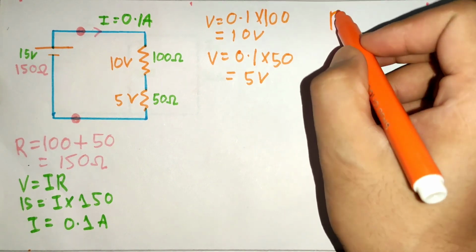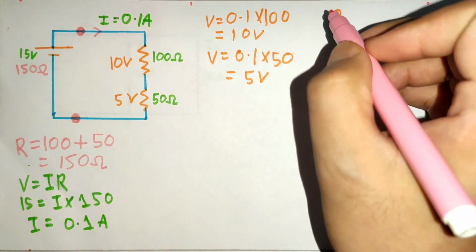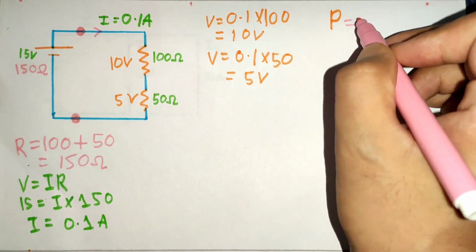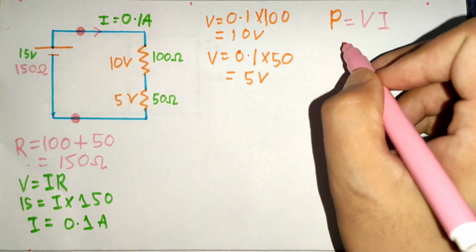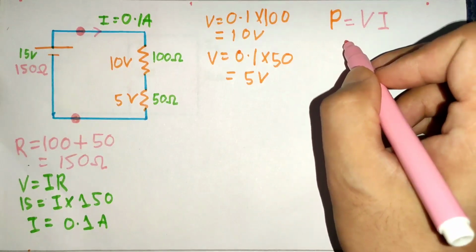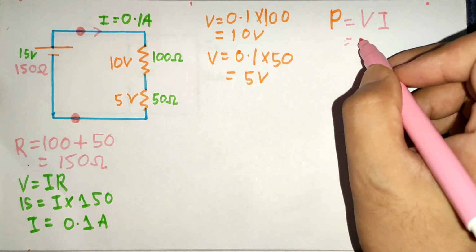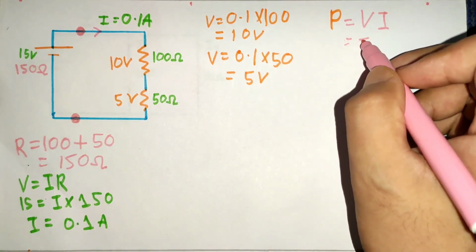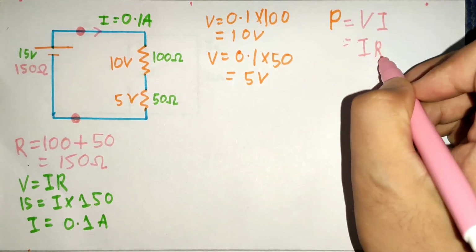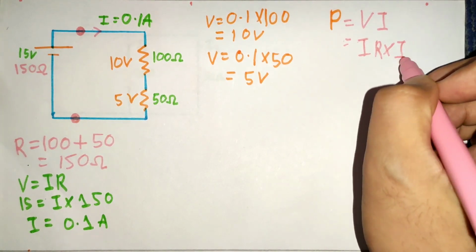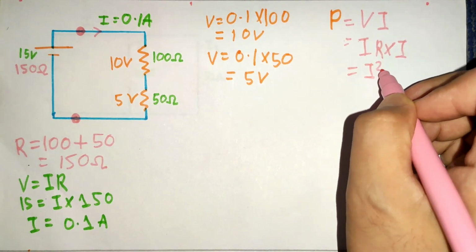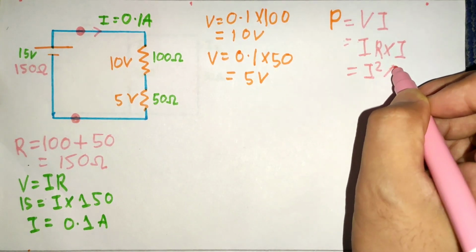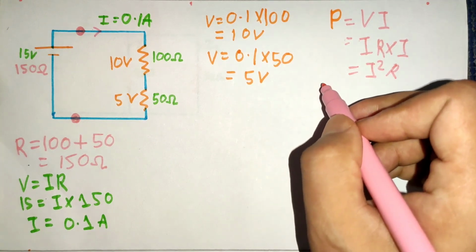P, try another color, is equal to VI. We can derive this formula into two more formulas by using Ohm's law. We know P is equal to IR into I, equals I square R. This is our second formula.